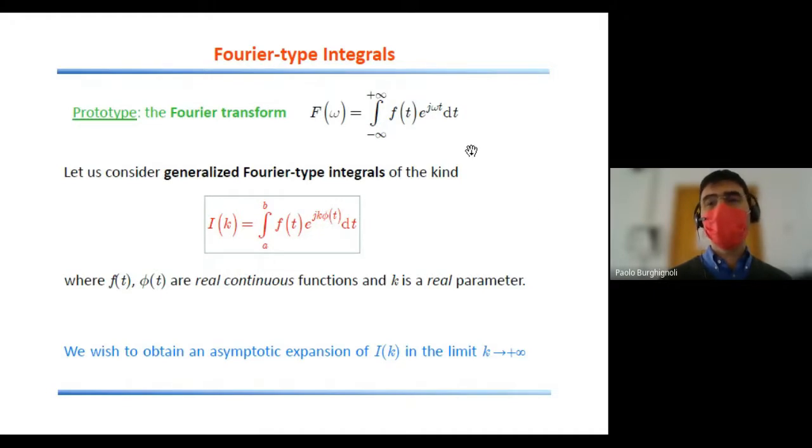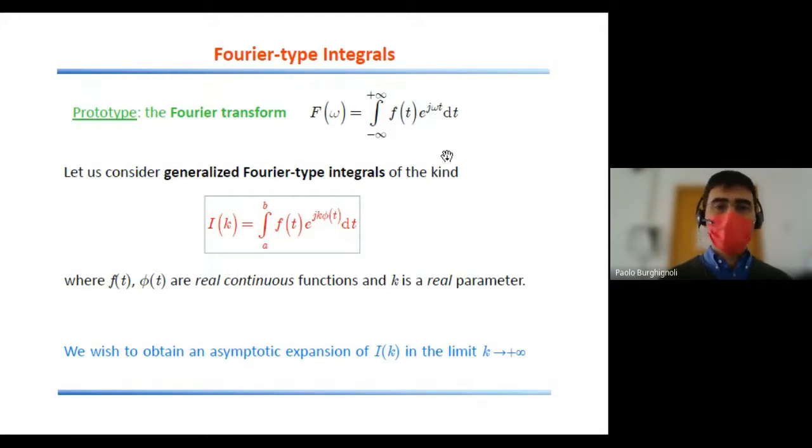There is an integral along the entire real axis of the product of the function f and the exponential function, in which now you have an imaginary unit, j, times the variable omega and the integration variable t.